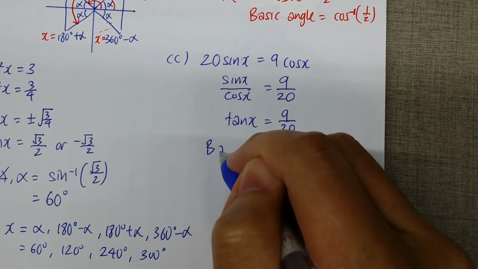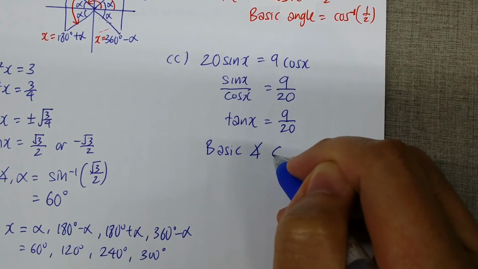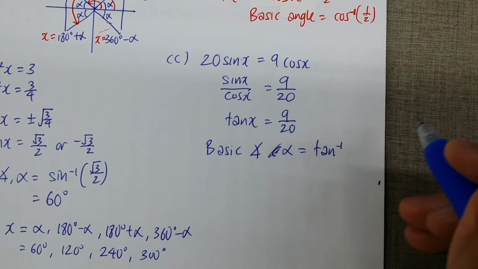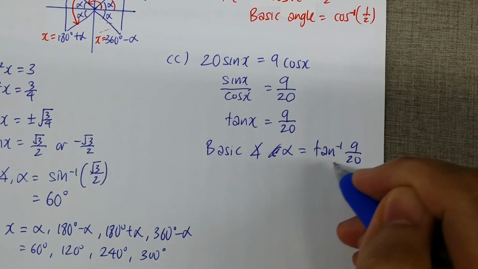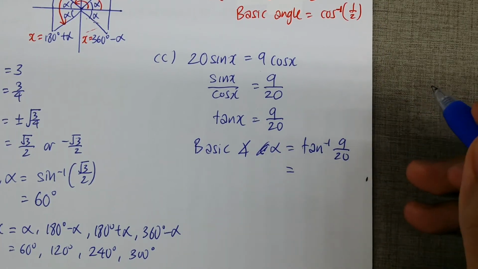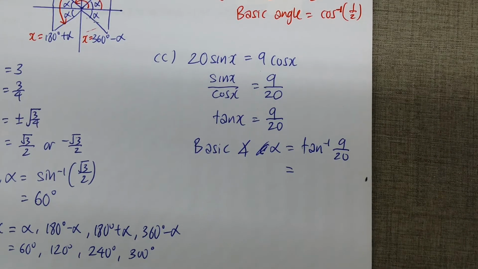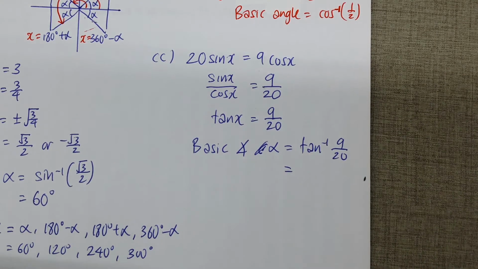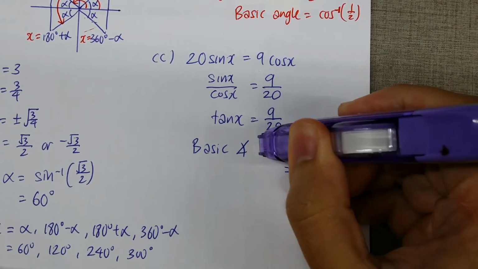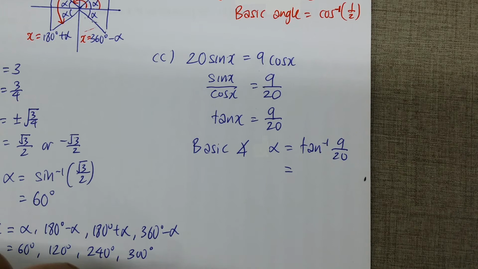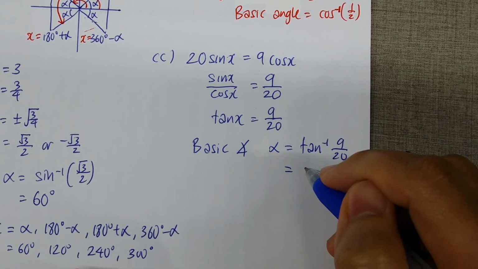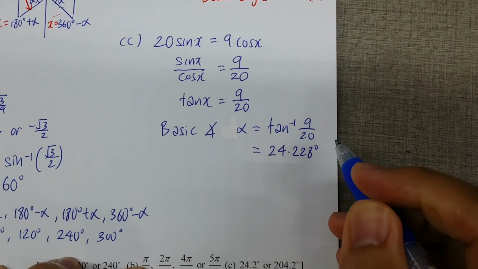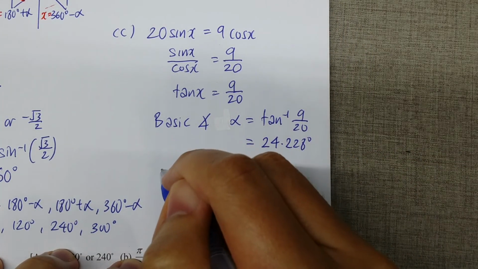Same thing, basic angle alpha. Basic angle alpha equals tangent inverse 9 over 20. Press your calculator. Your calculator may not give you a nice answer, but please give me at least 5 significant figures, or 3 decimal places I mean, because we're talking about angles. So you should be able to get 24.228 degrees, that is the basic angle alpha.